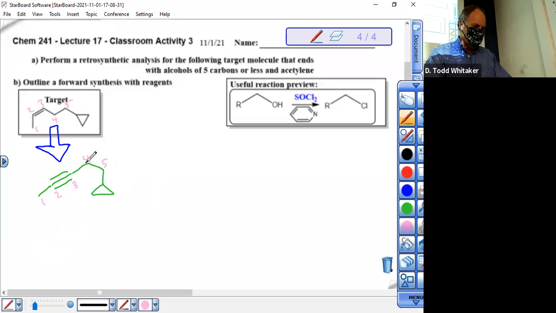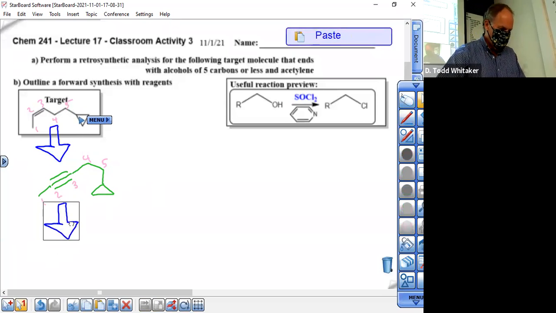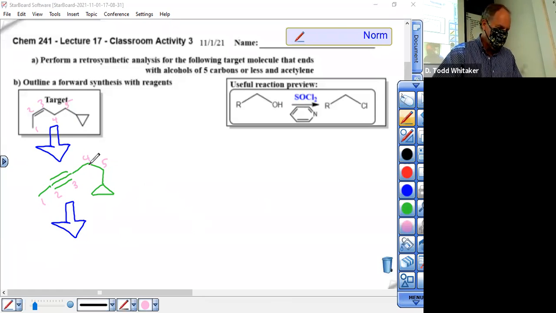So, like I just said, this is your new target. You need to make it from simpler pieces. You do know methods of making either this bond here or this bond here. Either one is okay. I'm going to show you how to make this bond here.